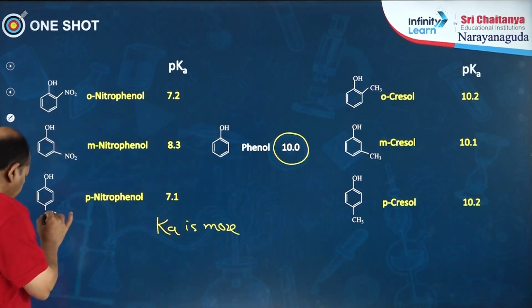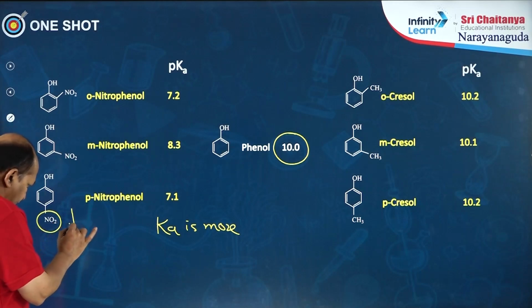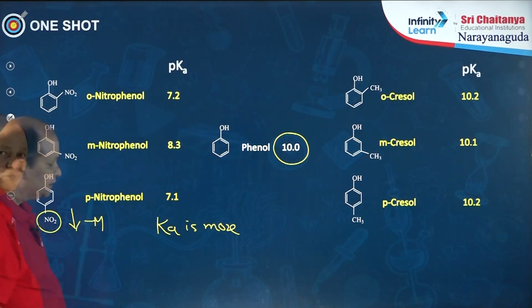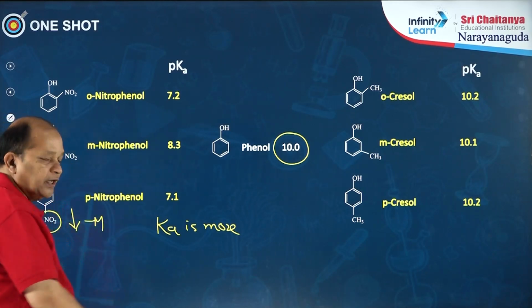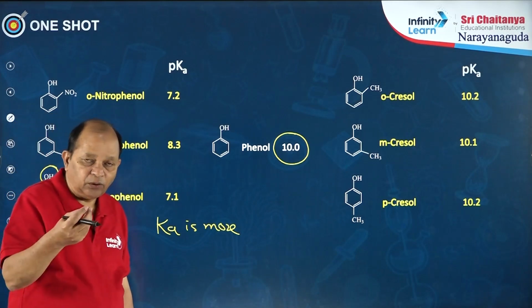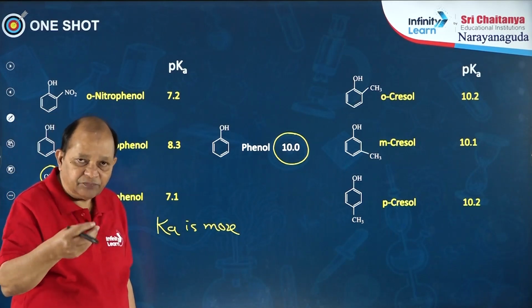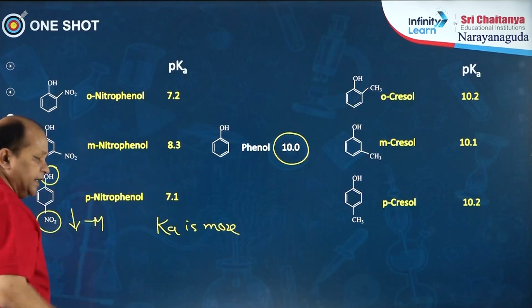Why like that? Because nitro groups exert minus M effect. They increase polarity of the OH bond. Therefore, nitrophenols are more acidic than phenol. That can be reflected in the pKa values.